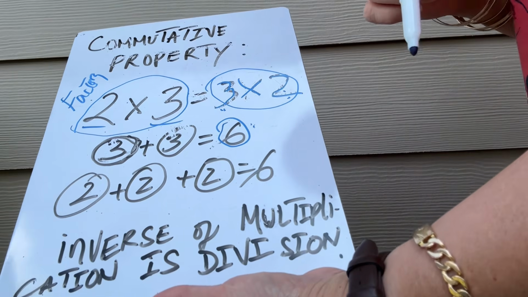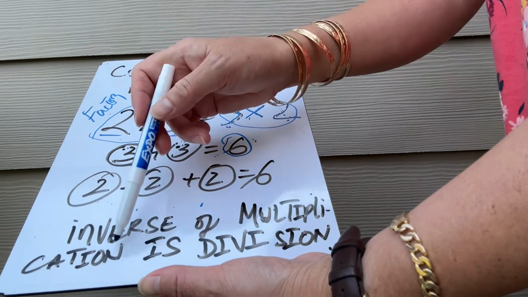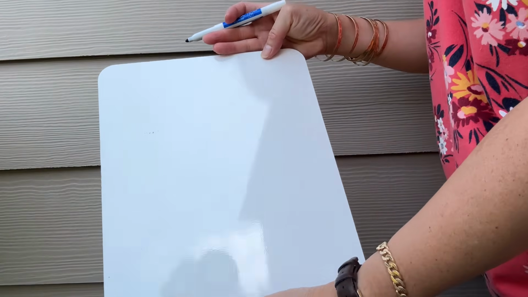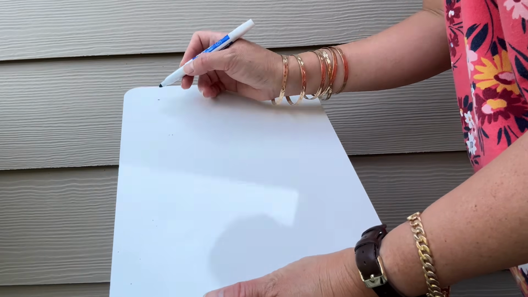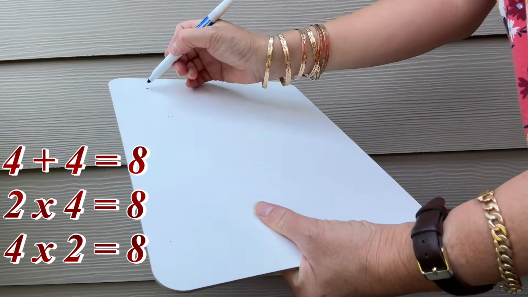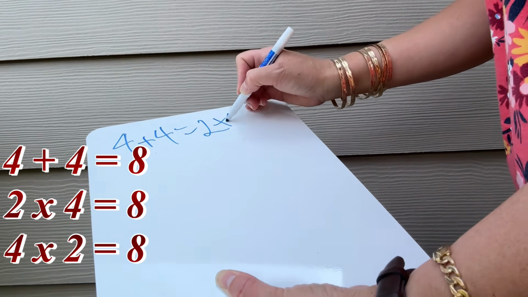Which brings me to my next point. The inverse of multiplication is division. When you're learning multiplication, you should probably learn division along with it because they go together. For example, you saw that 4 plus 4 equals 2 times 4 equals 8.